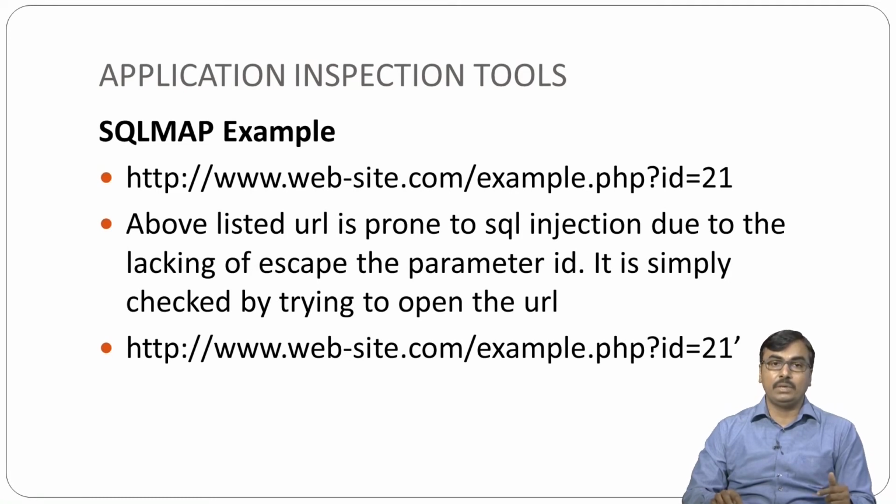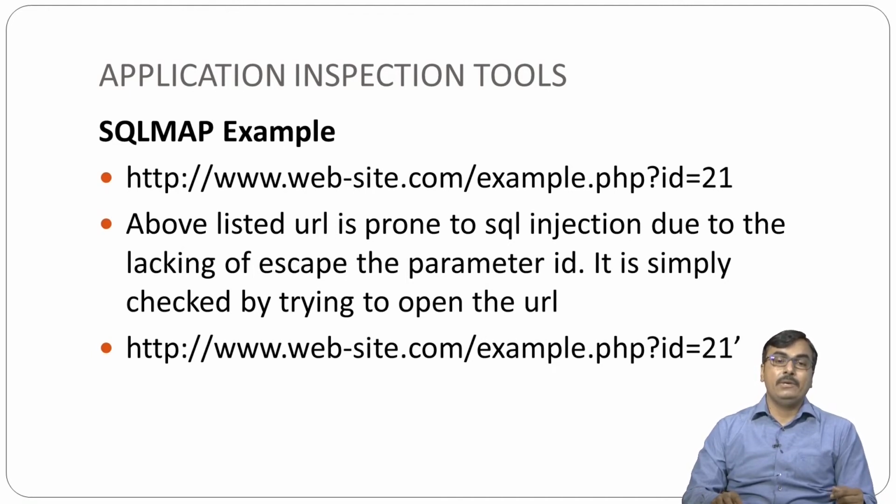By looking at this we can say it is a very simple kind of URL, but a pen tester or hacker doing pen testing on that particular web URL will enter some special symbol or special character at the end of the URL.